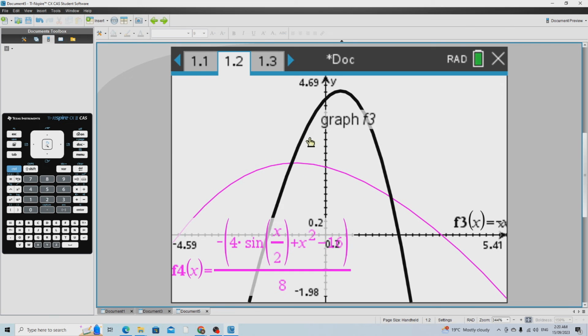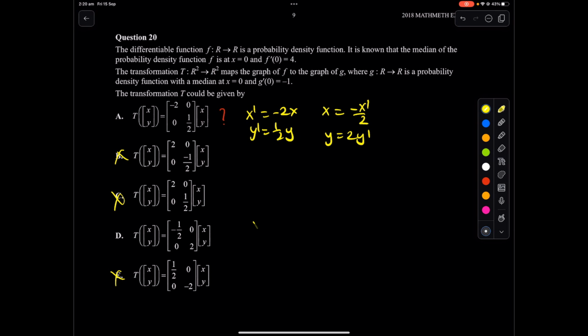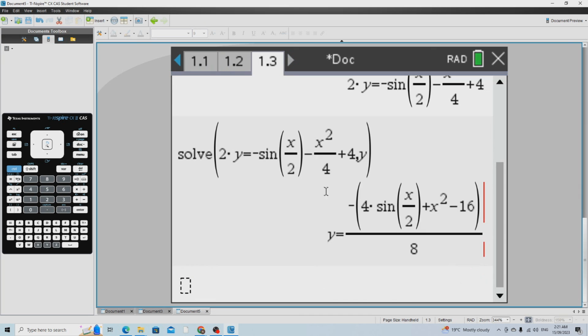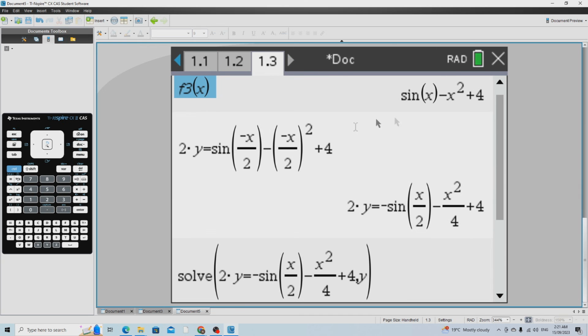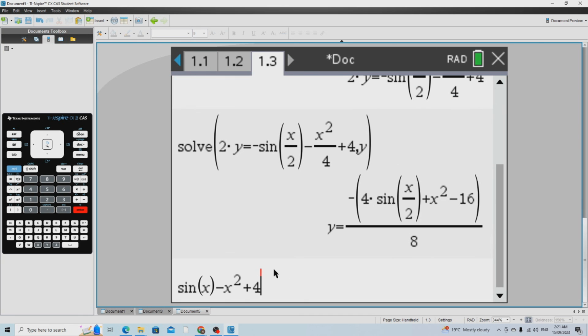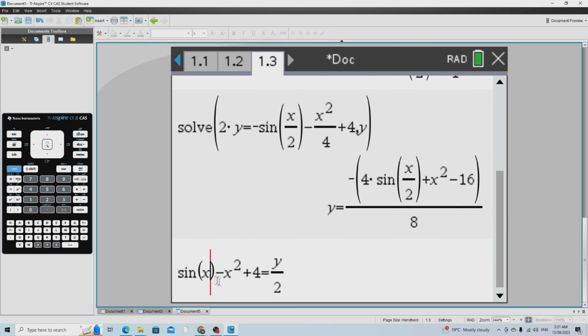What about D? Let's just do D now. So x dash is negative half x, y dash is 2y. So it'll be negative 2x dash equals x, y dash over 2 equals y. So let's now try the next one. y over 2, negative 2x.